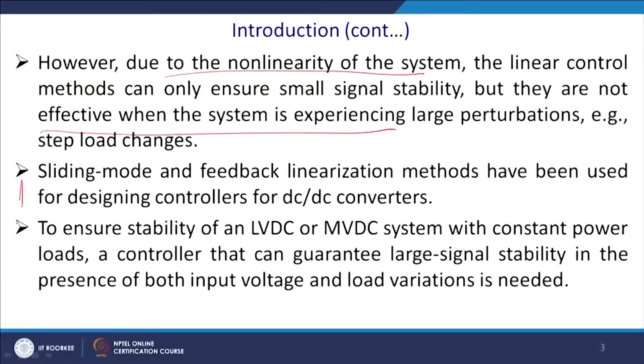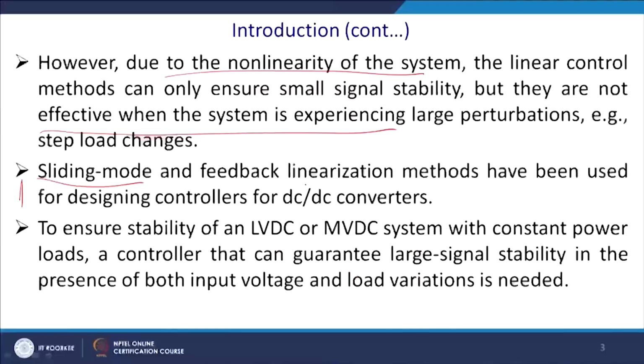This sliding mode and feedback linearization, along with multi-rate control, is a very big chapter by itself. Anyway, the sliding mode and feedback linearization methods have been used for designing controllers for the DC to DC converter for many days.